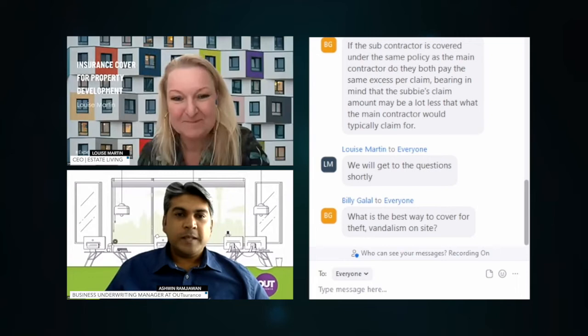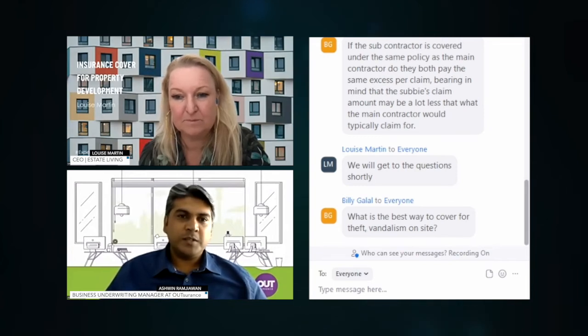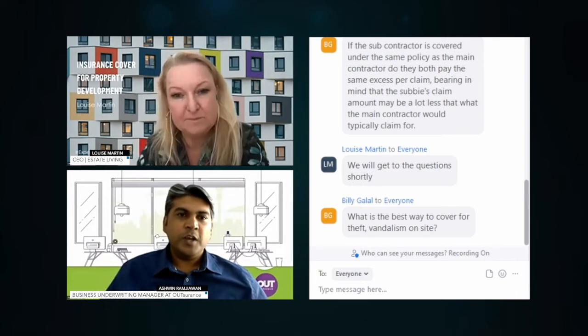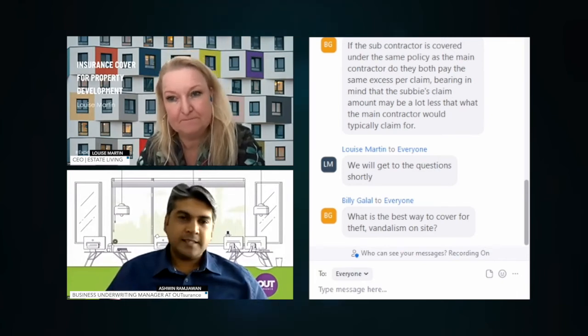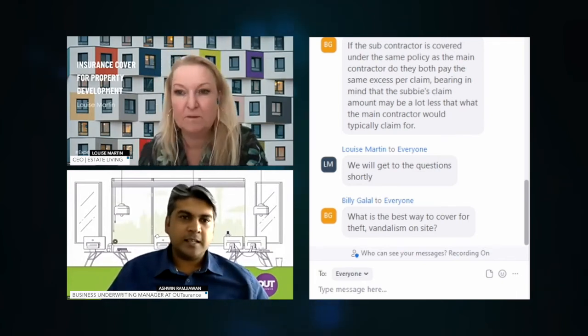I think specified in terms of context, on a commercial policy, there are many sections where you need to specify certain assets or things.